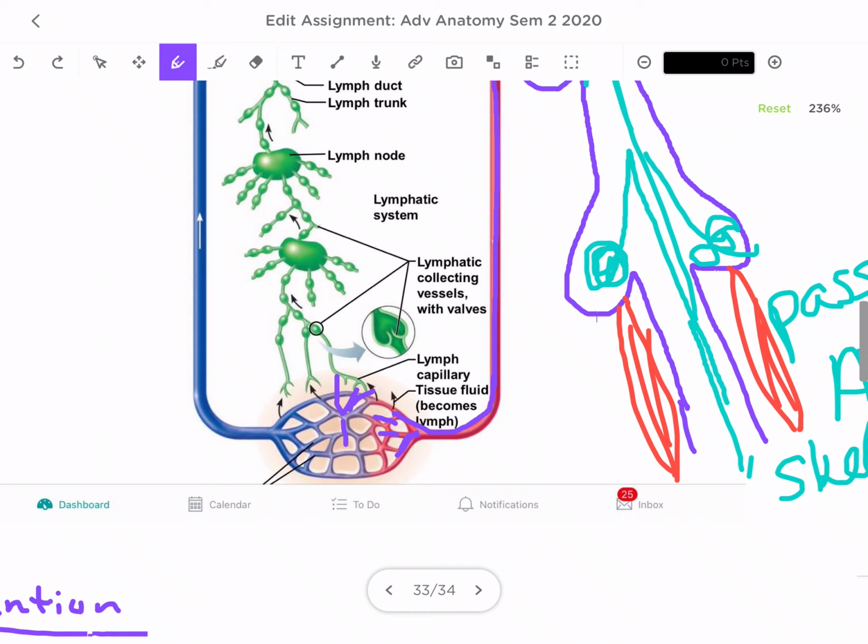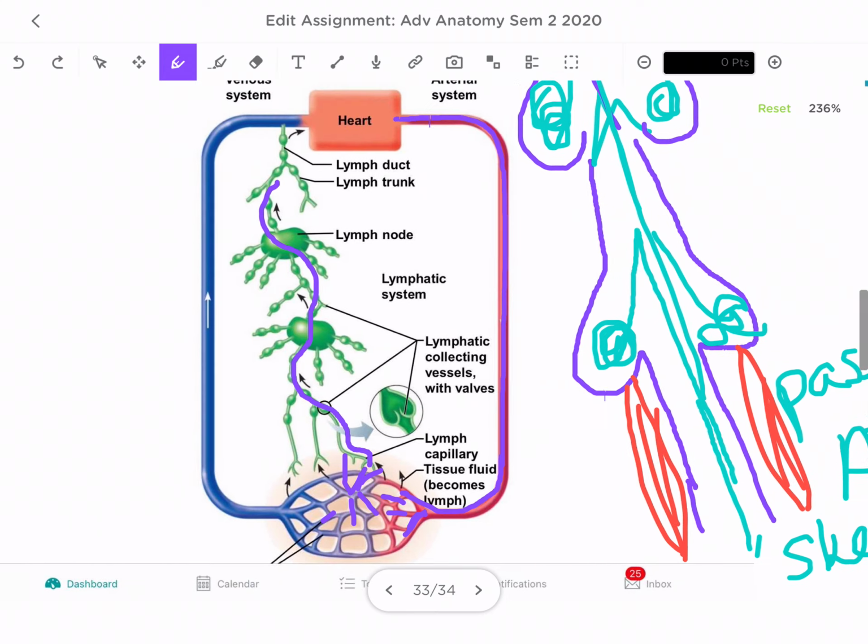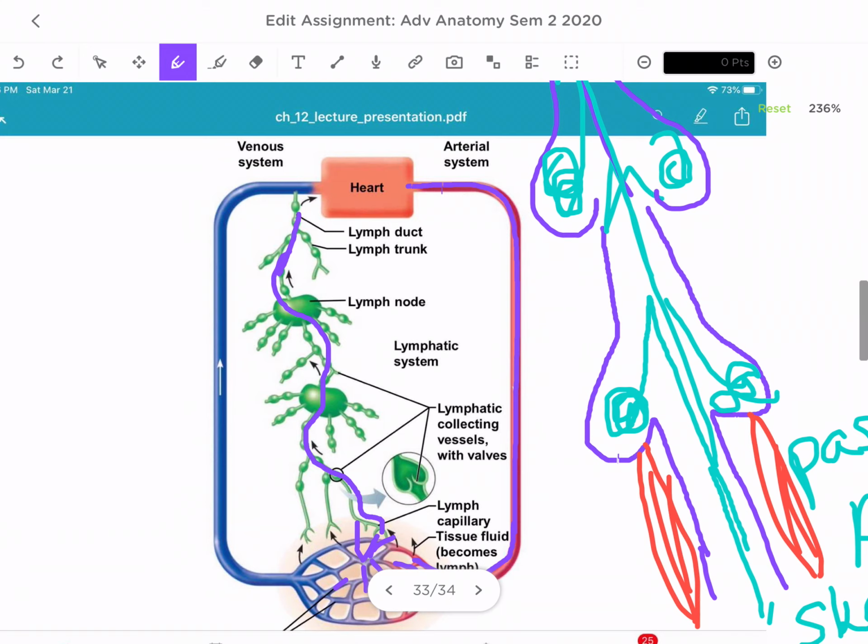Uh-oh, fluid leaked out. And then the lymphatic system soaks it all up and sends it all the way back up to the subclavian vein. And you can see the blood is in here going back to the heart. And then this main lymphatic duct empties into the subclavian vein, and it joins the blood again.